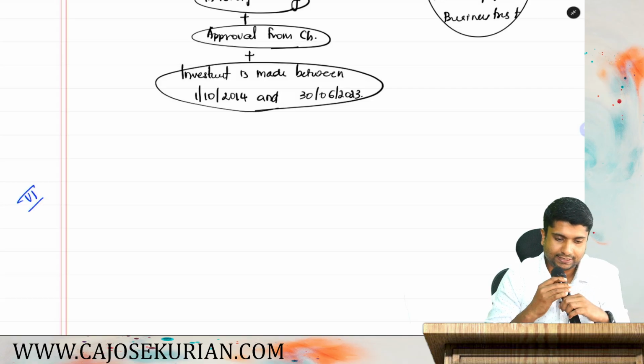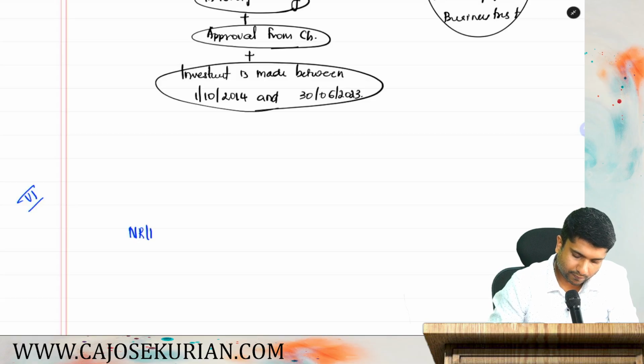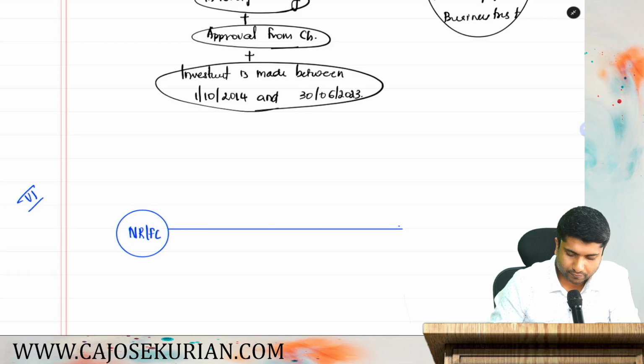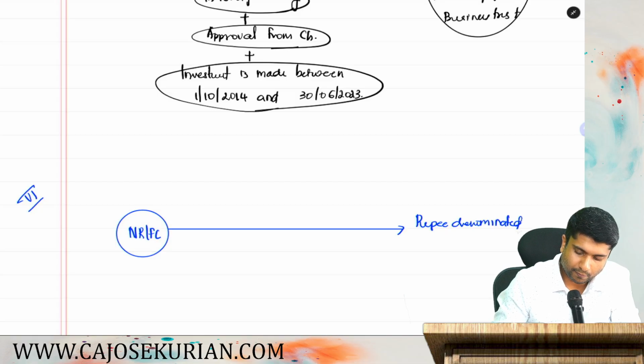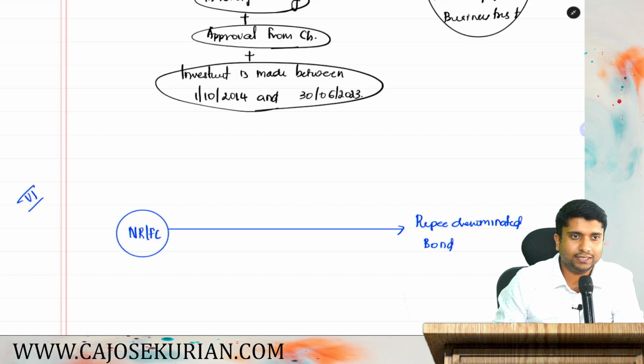Item number 6, let's understand what exactly that is. Listen, say you are a non-resident or a foreign company, and you have invested in a rupee denominated bond. So basically the purpose of a rupee denominated bond is that Indian companies can issue it and raise foreign funds.